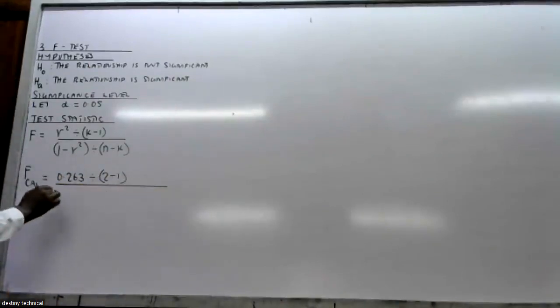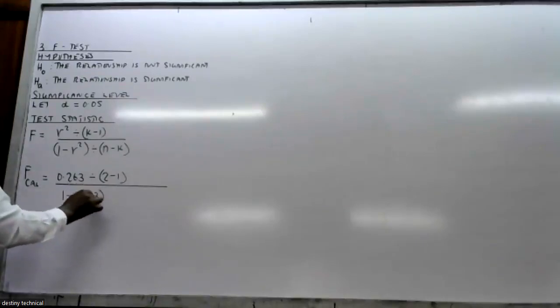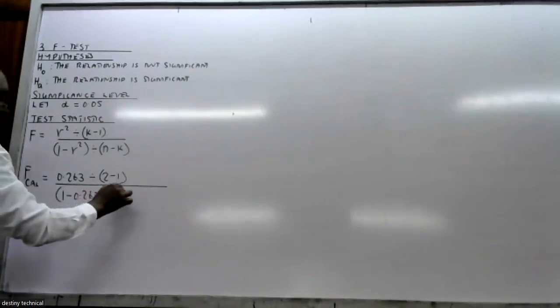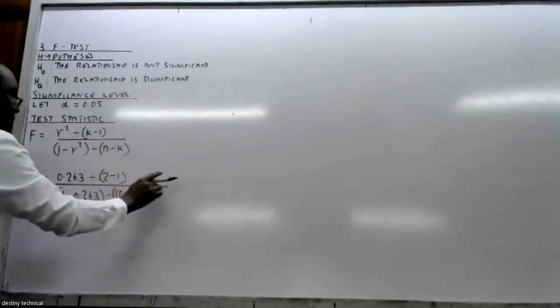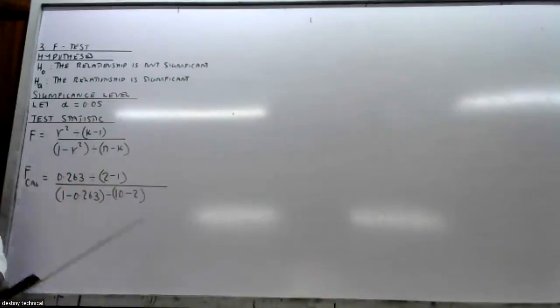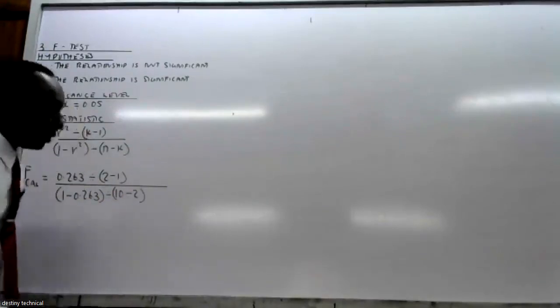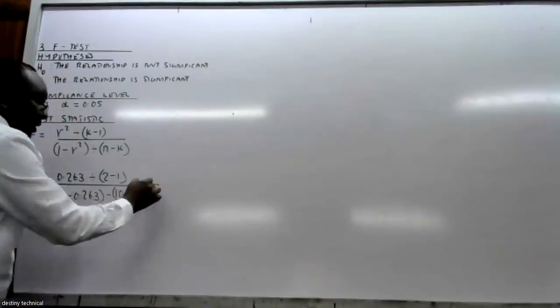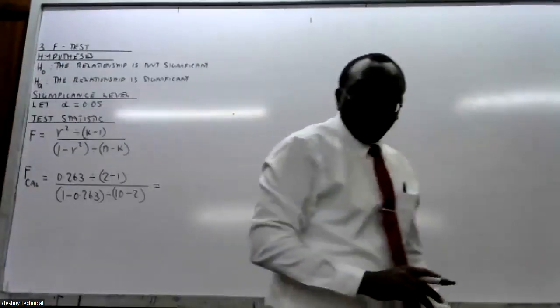This one divided by 1 minus 0.263, you divide by 10 minus 2. So work that out.